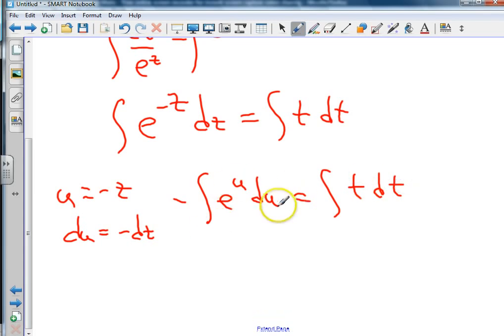How do you integrate e to the u du? You get e to the u, but don't forget the negative in front. But u is negative z. How do you anti-differentiate this side? t squared over 2.